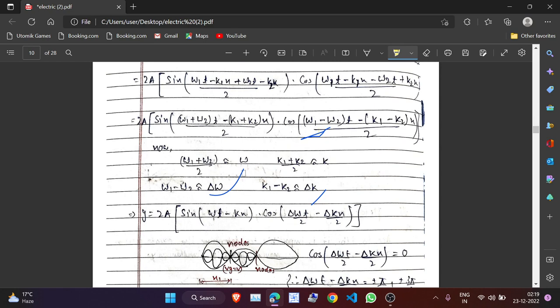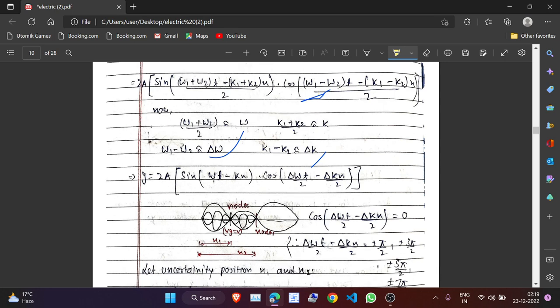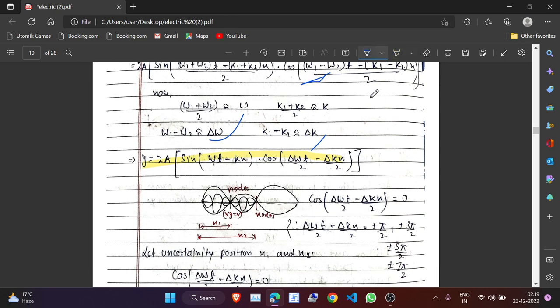And further, after assuming these quantities, we can put them in the equation. We get this equation. Now, from here, this is a two-wave system. The upper line is a wave, and this is another wave. Here, where the two waves meet, this point is known as a node.